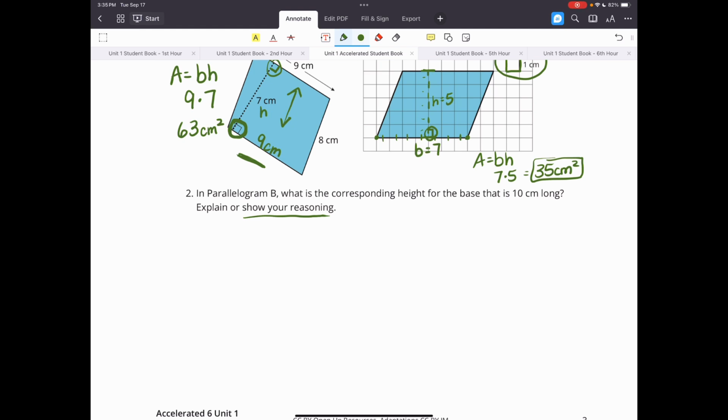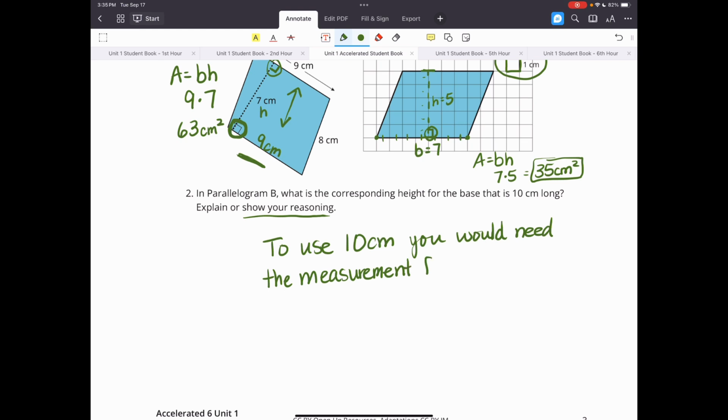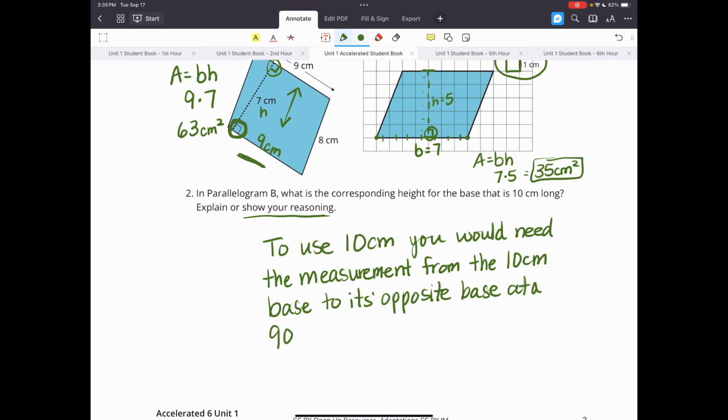But let's explain that. To use 10 centimeters, you would need the measurement from the 10 centimeter base to its opposite base at a 90-degree angle.